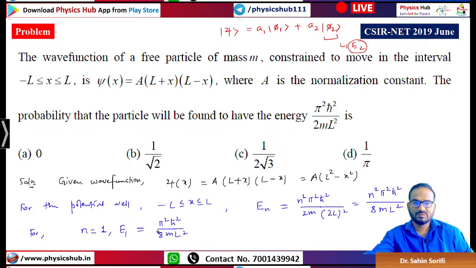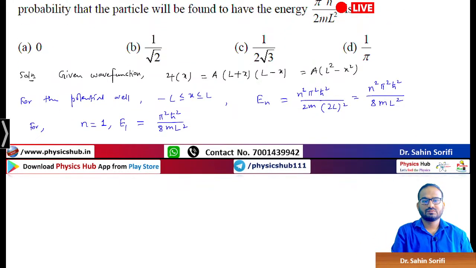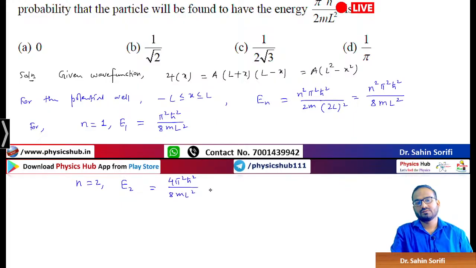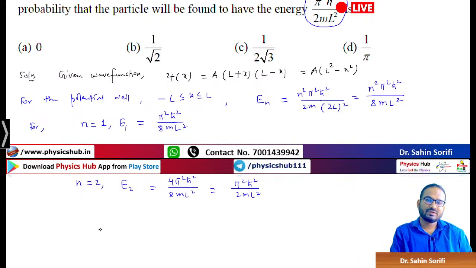So it is not talking about the ground state. Let's talk about n is equal to 2. For n is equal to 2, you get E2, 4 pi square h cut square by 8 m L square. So this is pi square h cut square by 2 m L square, and that is the energy eigenvalue given to you. So we have to consider the probability to find the particle in the first excited state.